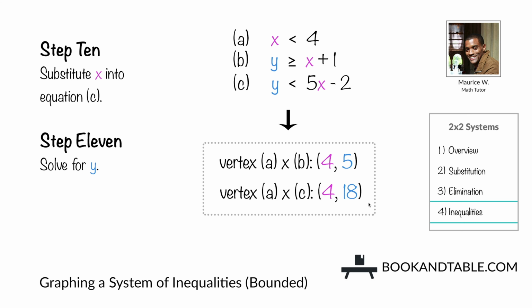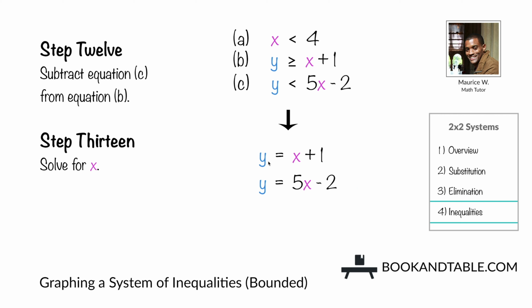And now for the last vertex, we want to do B and C. So we want to subtract equation C from equation B and then solve for x. So we have y is equal to x plus 1 and y is equal to 5x minus 2. When we subtract them, we get y minus y, which is 0. X minus 5x is negative 4x. 1 minus negative 2 is positive 3.